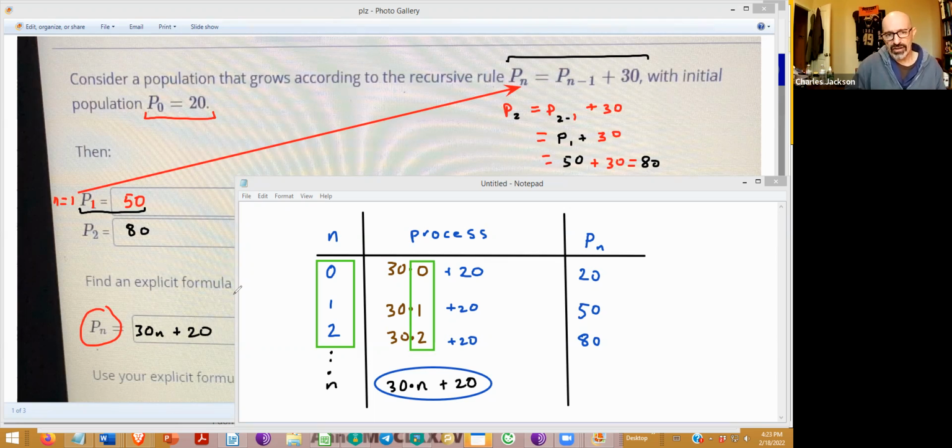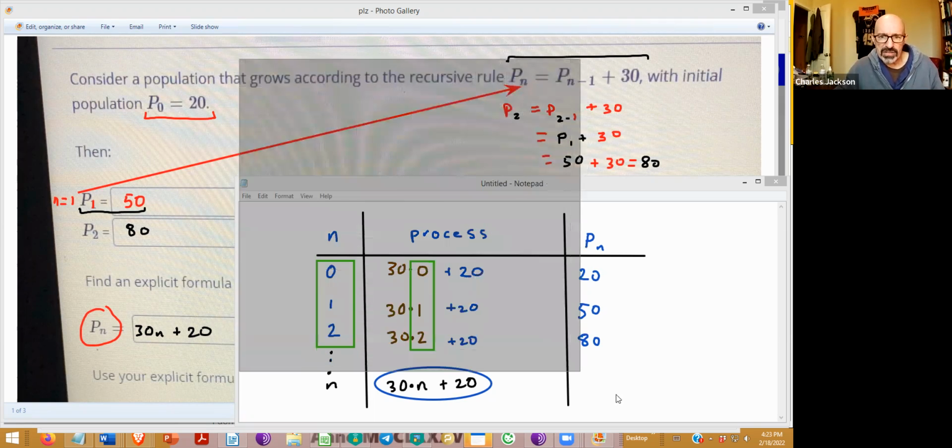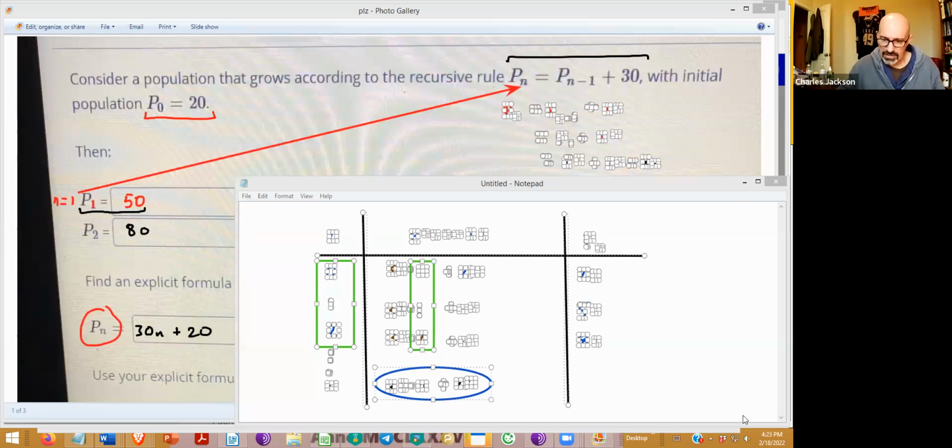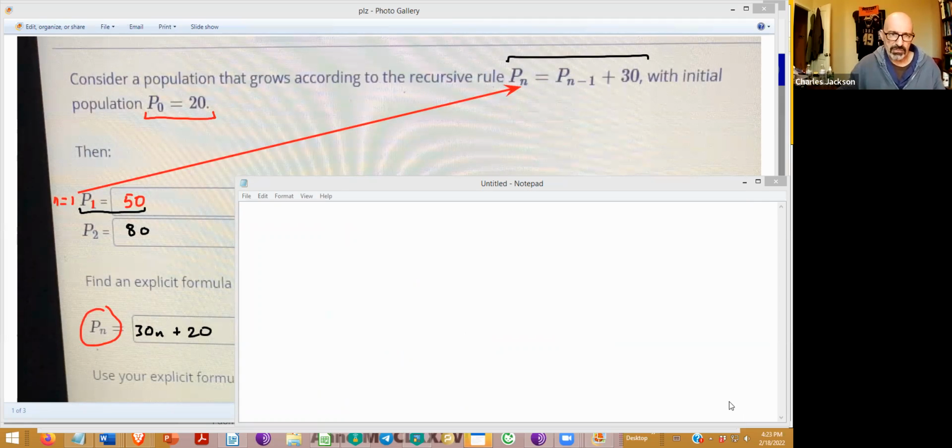Now we can figure out what it's going to be for any value of n. They're going to say use your explicit formula for some particular value of n that someone might be interested in. n could be a number of weeks, a number of years, or some lesser interval.